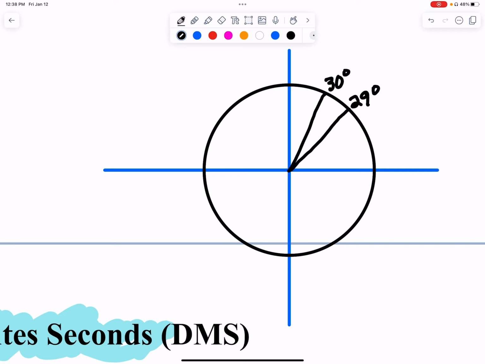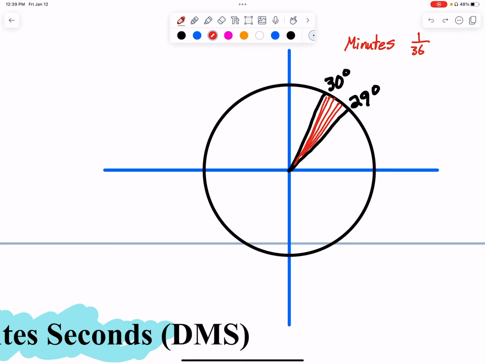Degrees, minutes, seconds. We have degrees, but we can actually break this down even further. Instead of using 29.8, 29.9, stuff like that, we could break it up, and each one we can break up into minutes. What we do is we take a degree, and a minute is 1/60th of a degree.